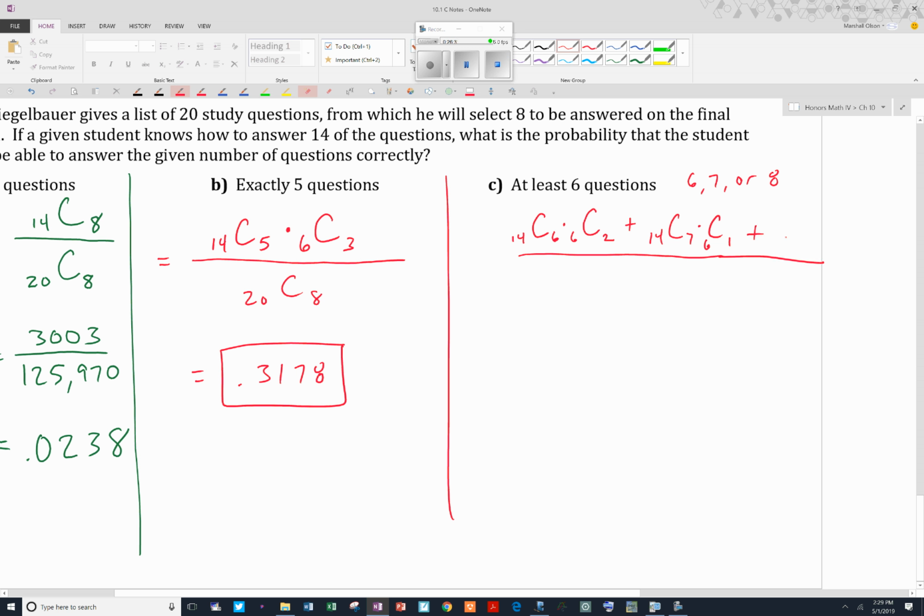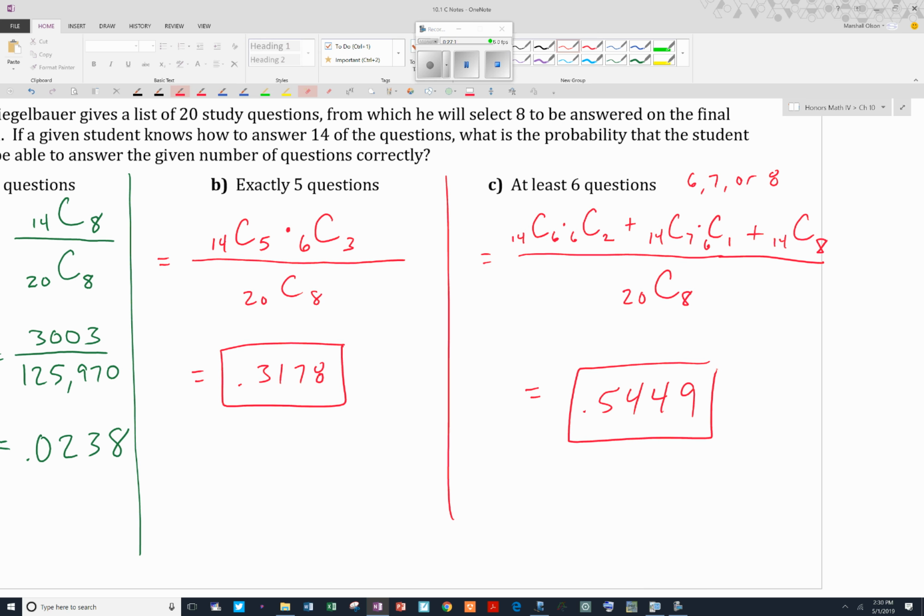Or you could answer all 8 questions correctly and none incorrectly, which you don't need because 6 choose 0 is just 1. Your denominator is still 20 choose 8. That would be some heavy calculator work there. You should get about 0.5449, so a little bit better odds there. Okay. All right.